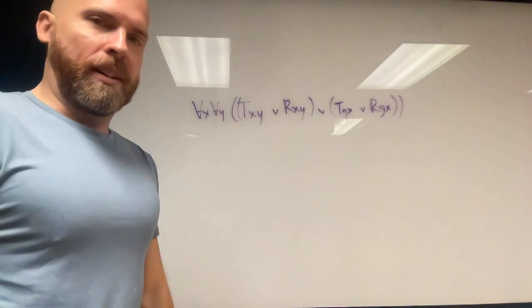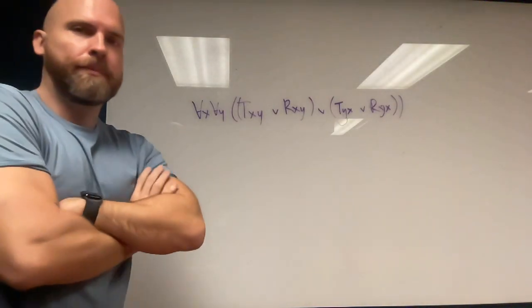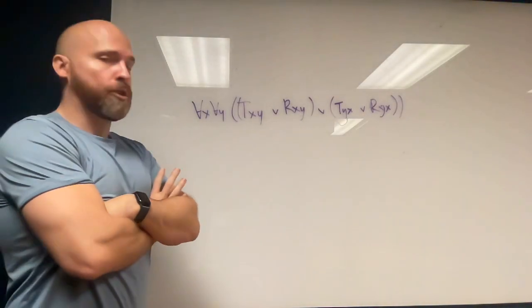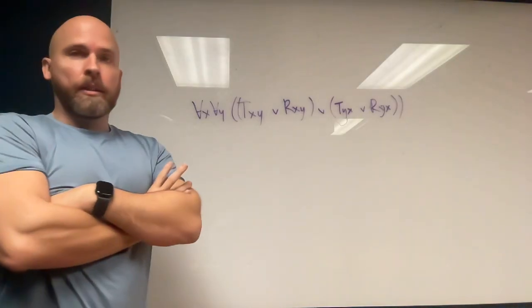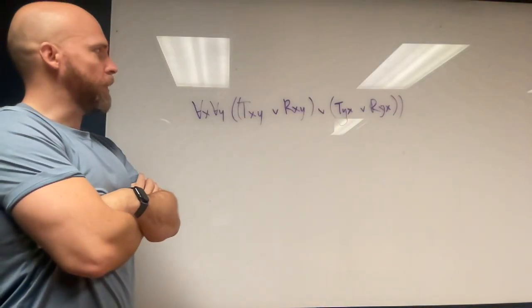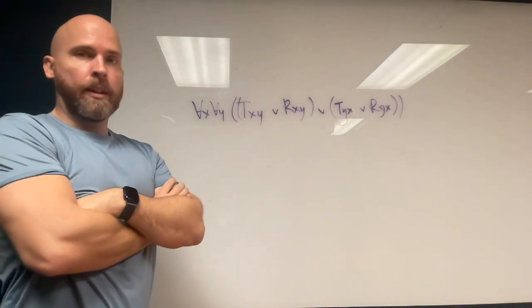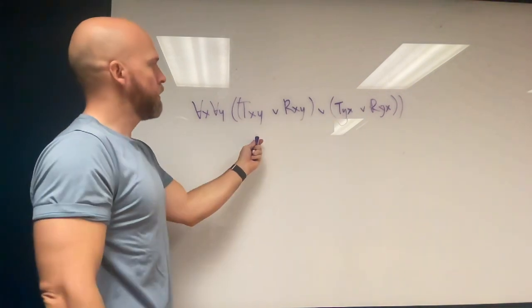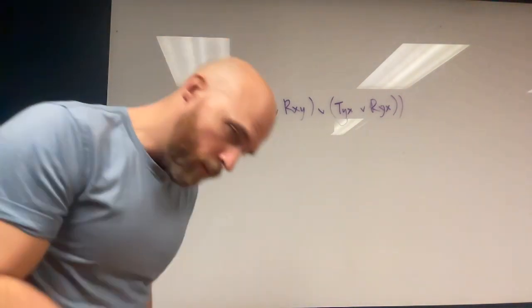So this is important. You can kind of eyeball this and determine whether any of the disjuncts in the disjunction are true. Remember the truth rule for disjunction: if any of the disjuncts are true, then the whole expression is true. So we just have to find one case where these are true.